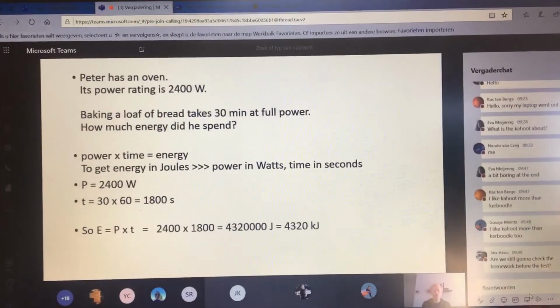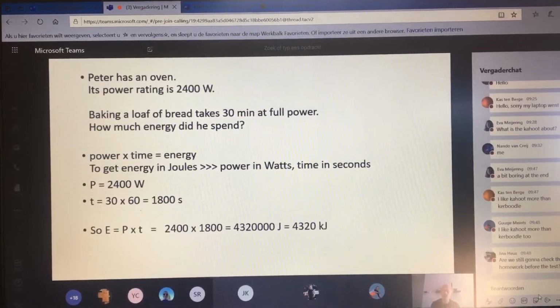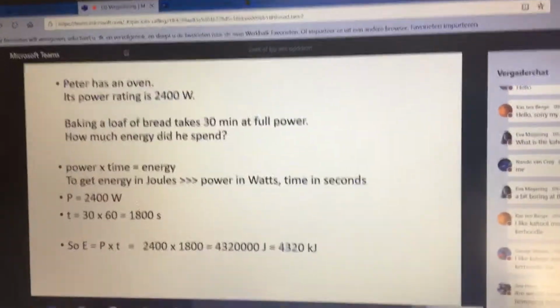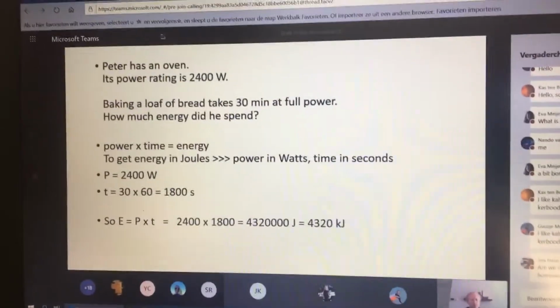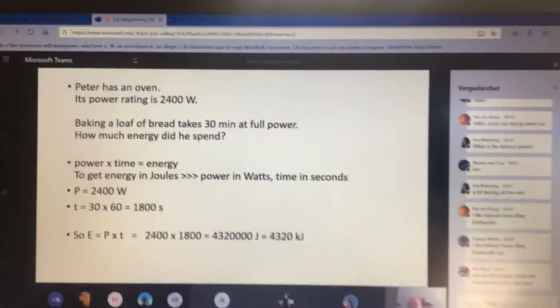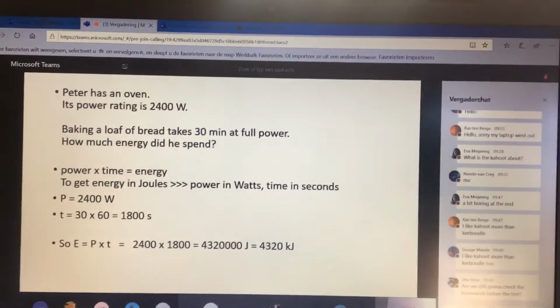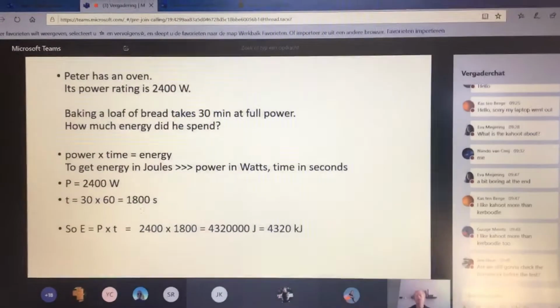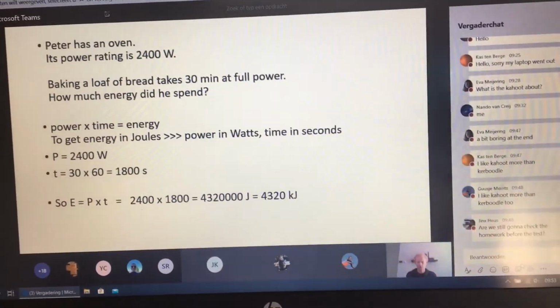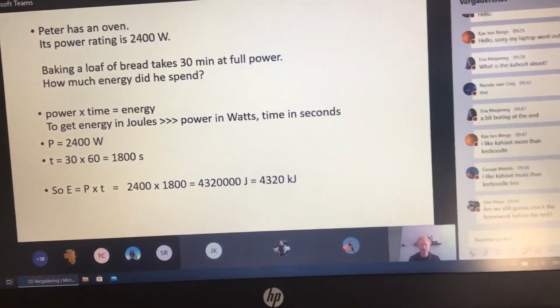I could have converted it to megajoules, and it would have been 4.32 megajoules, but you don't have to. So this is how you do it if you have to calculate it in joules, which is the official science energy unit. Any questions about this?